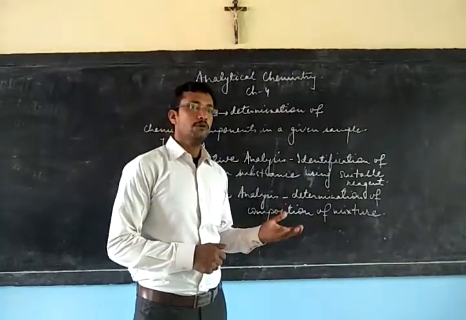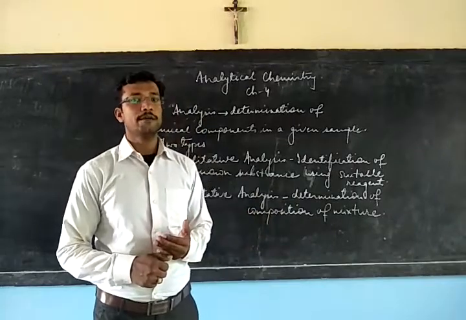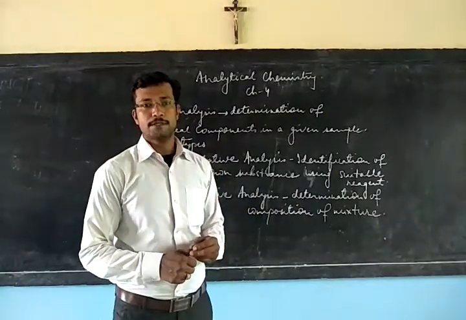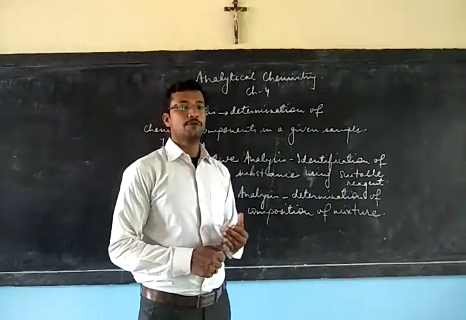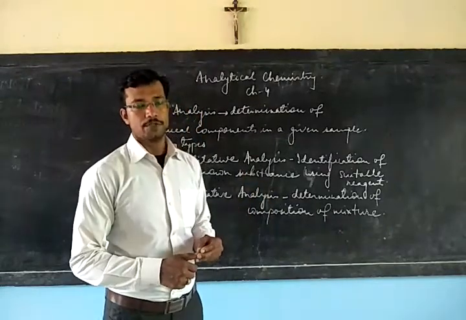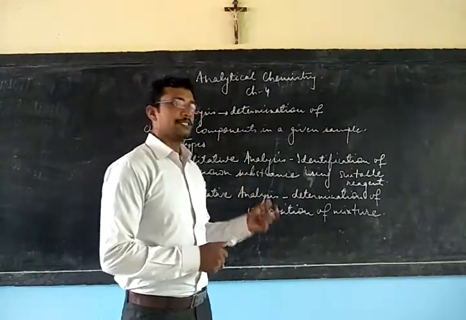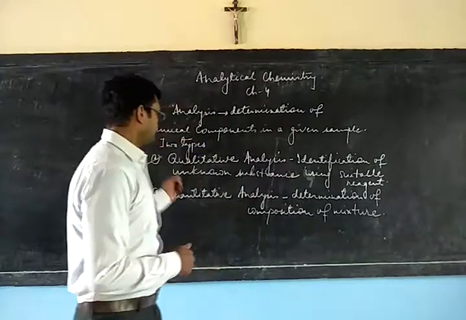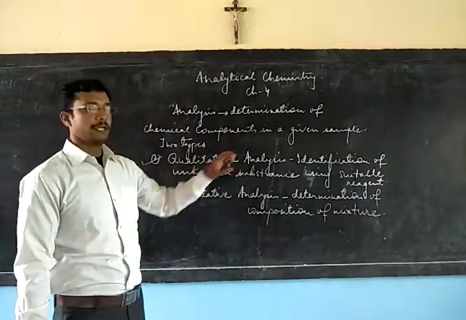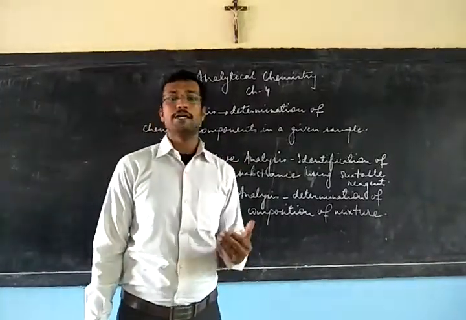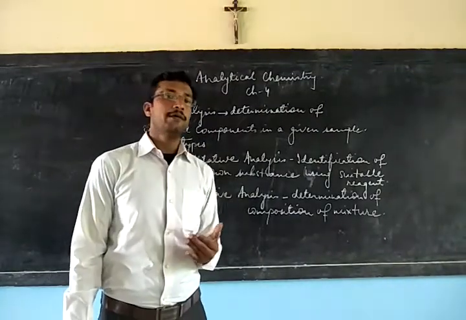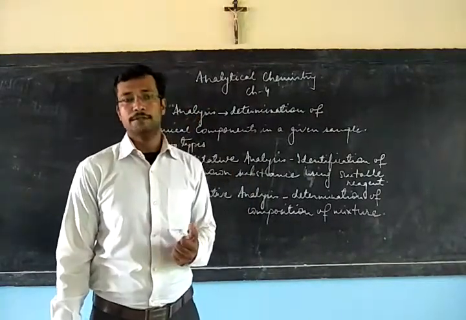As I told you, in this chapter we will be using two reagents, which will be sodium hydroxide and ammonium hydroxide. And in this chapter, the unknown substance that we are going to determine in a given sample will be the metal ion.